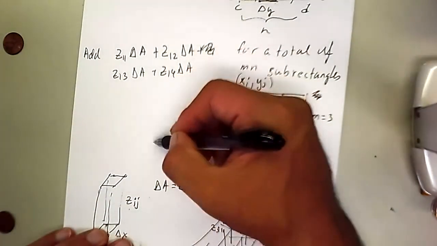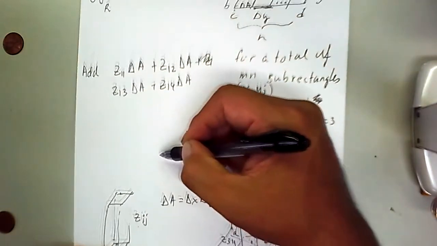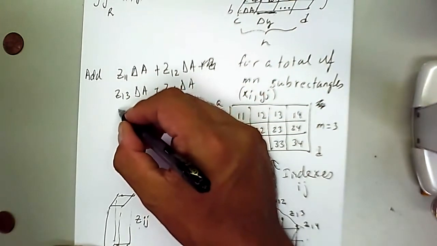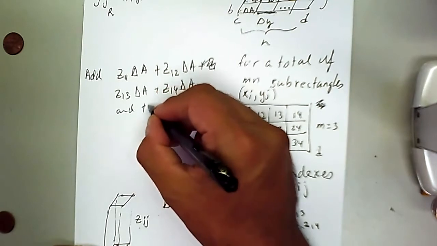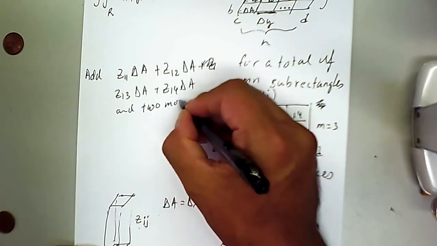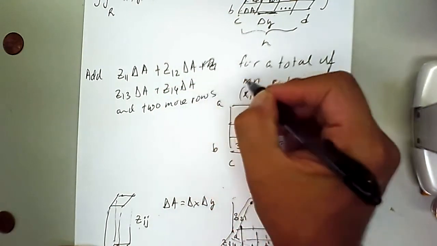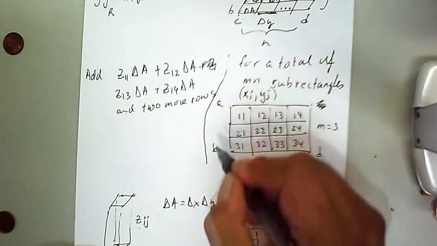Then we have to do that two more times, for two more rows. I just want to give you the idea for now.